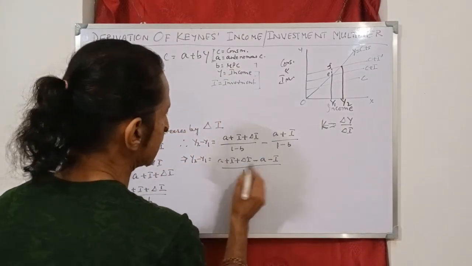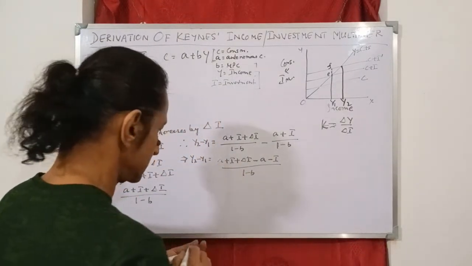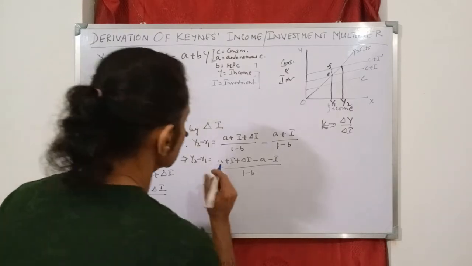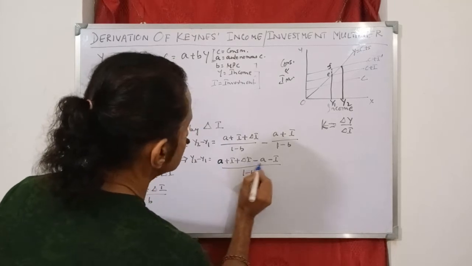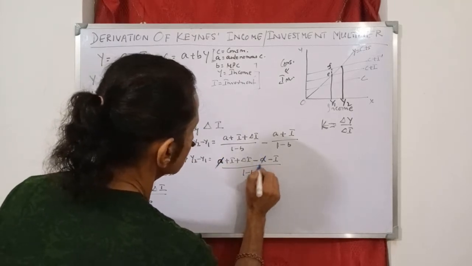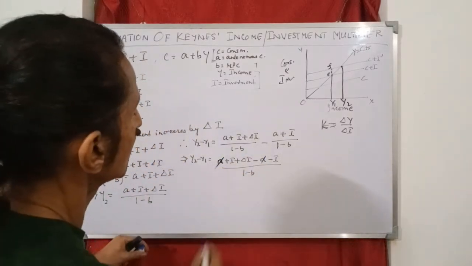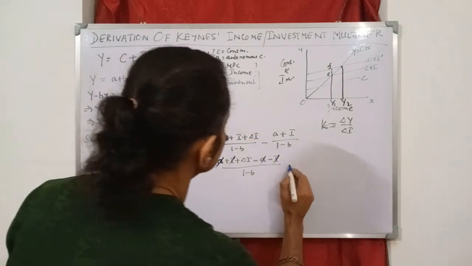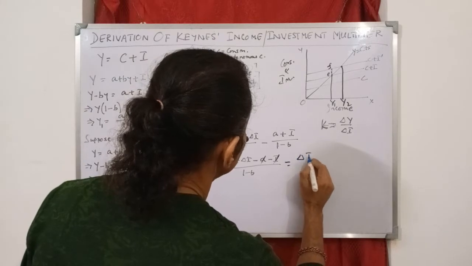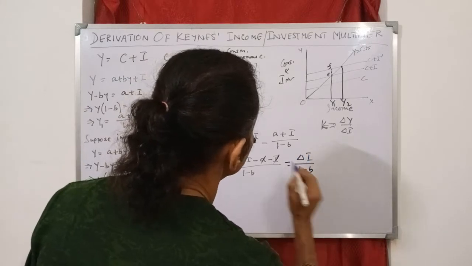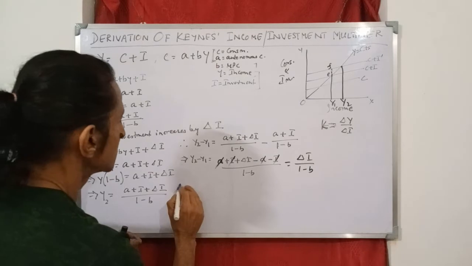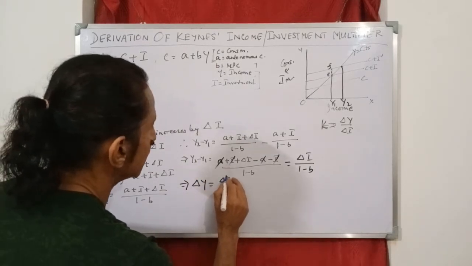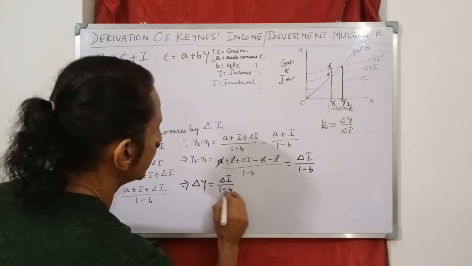So plus a minus a cancelled, plus I minus I cancelled, so what remains is delta I by 1 minus b. So here delta y equals delta I divided by 1 minus b.